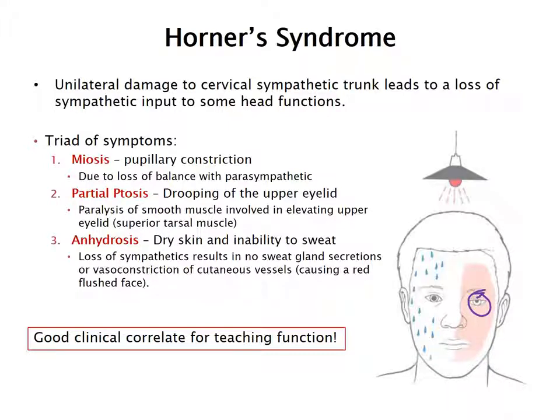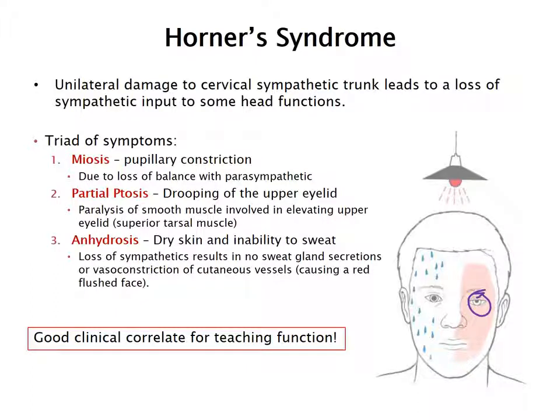And the last symptom is anhidrosis, which is a dryness of skin and an inability to sweat on the affected side. Do recognize that sweat glands are innervated by sympathetic neurons. Therefore, with no innervation coming from sympathetics on the affected side, we have an inability to sweat on that side.